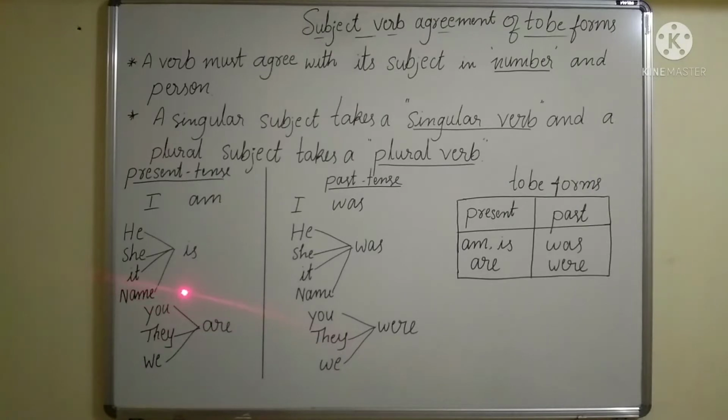There is no change in the usage of the to be form with you. So here you follows are, if it is singular as well as plural. You are. Okay. Next.